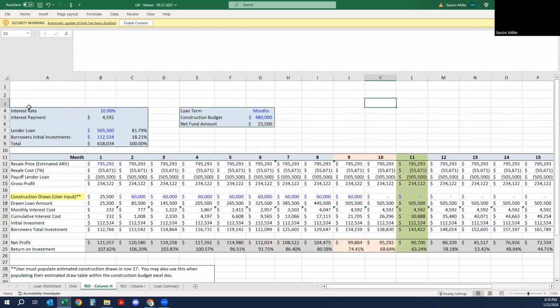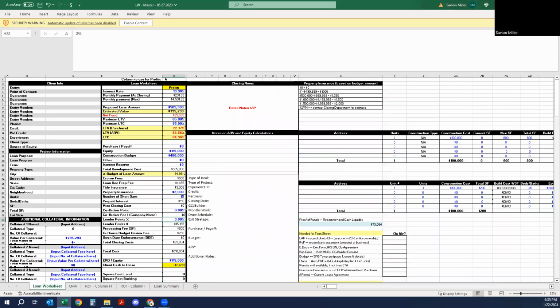And I send these to developers and builders, and what I do is, in this instance right here, I might charge 1% to get them these terms from their lender. I can take a deal where I got the land under contract for 105,000.